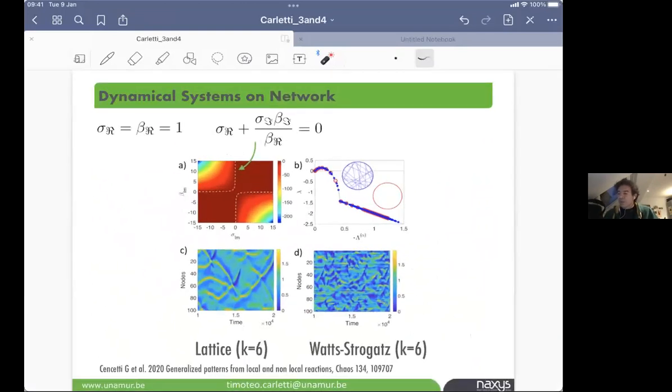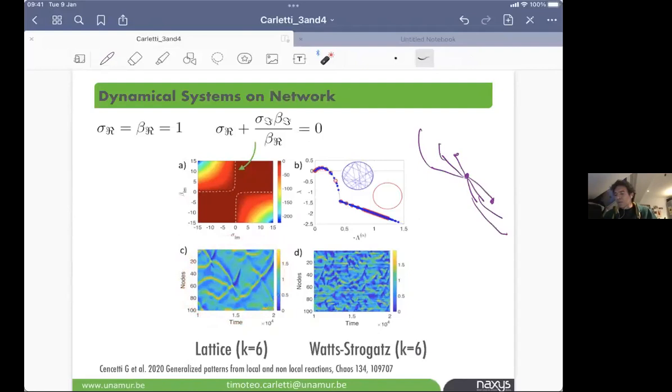Here, if you zoom in on this part, each node is connected to the first 6 neighbors on the left and on the right, and then each one is again connected to the left and right, but you cannot see it at this level. And here down, you have this kind of pattern that now looks more complex than just spots of color.